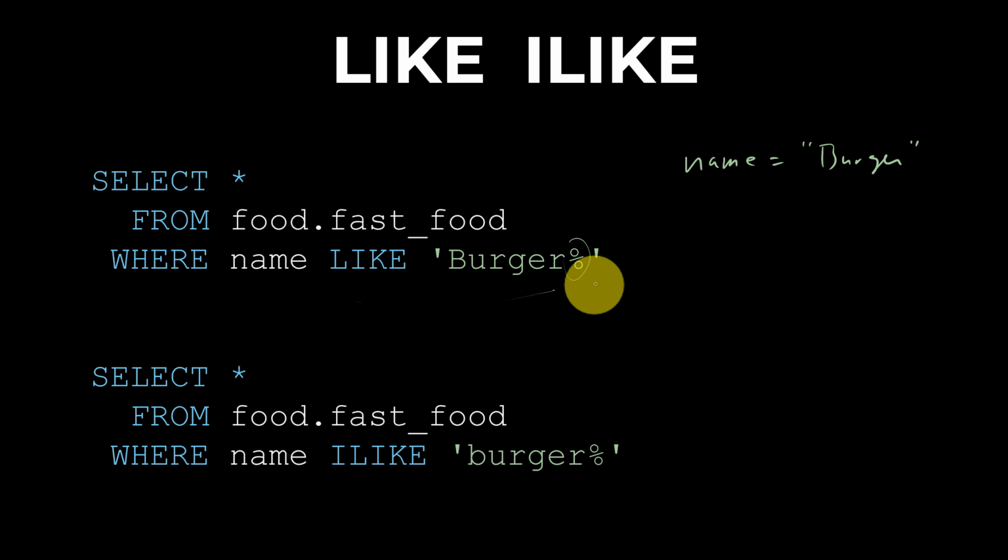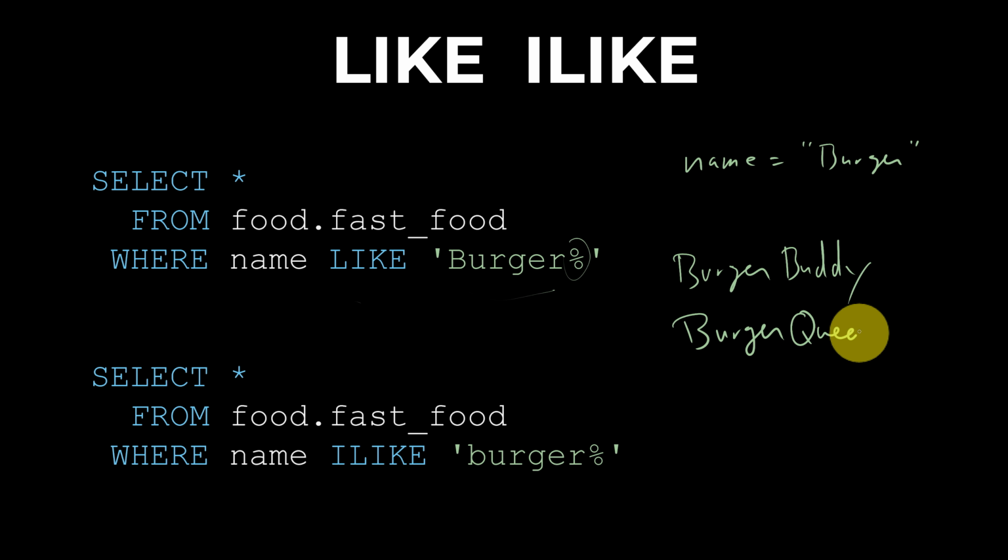It will match any string that has burger in the beginning and anything after. So for example, Burger Buddy would be good. Burger Queen will also be good. However, if you do lowercase burger, Burger Queen, that will not be good.